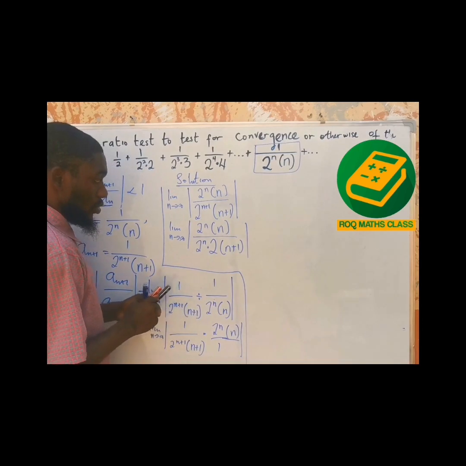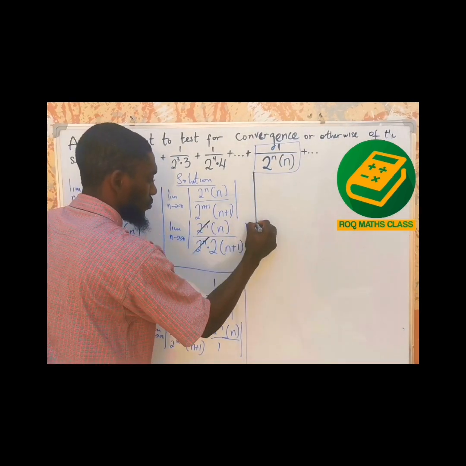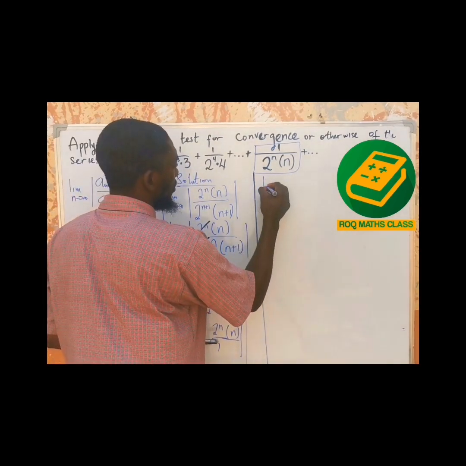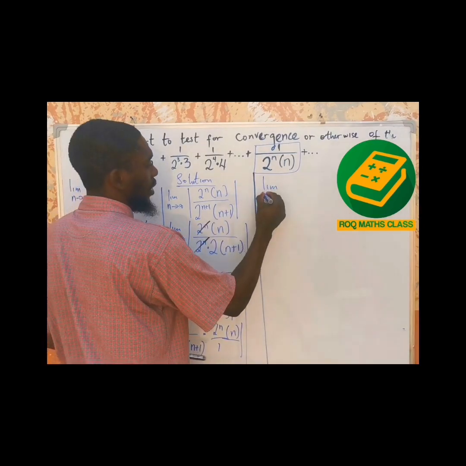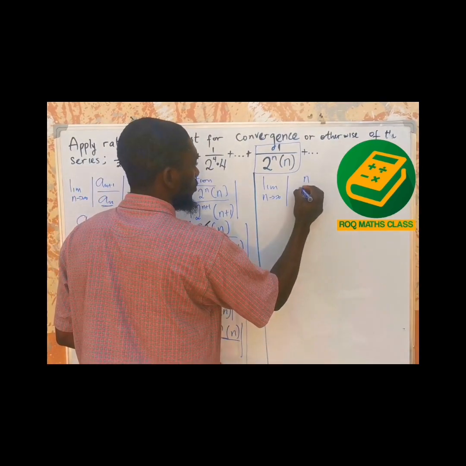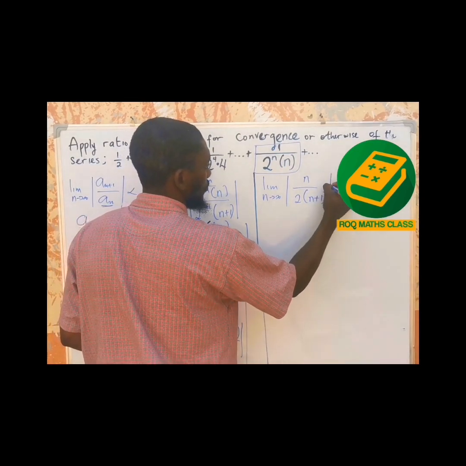This is it. From this part, this cancels this. So I have the limit as n approaches infinity of the absolute of n over 2 into the bracket of n plus 1.